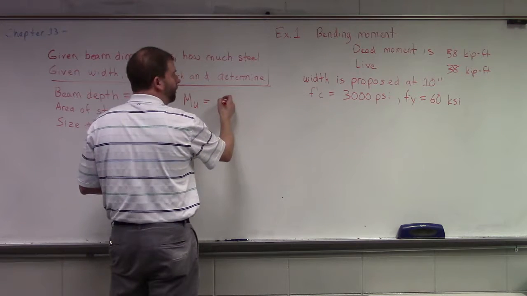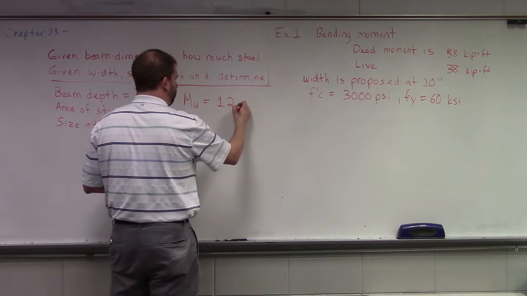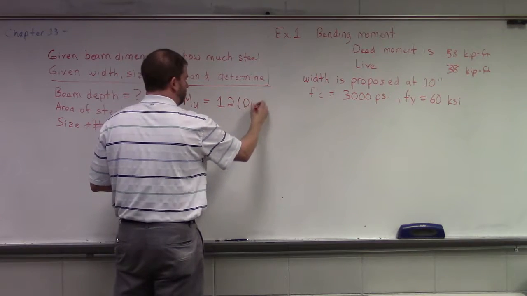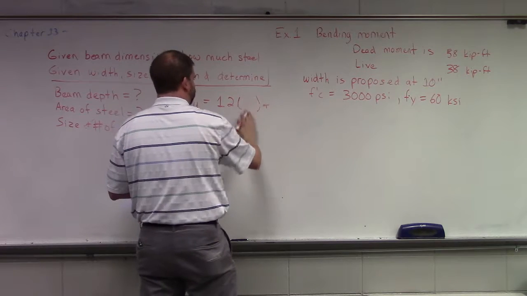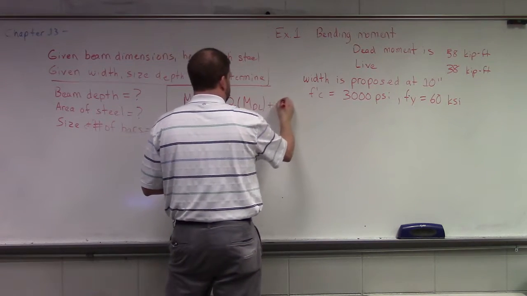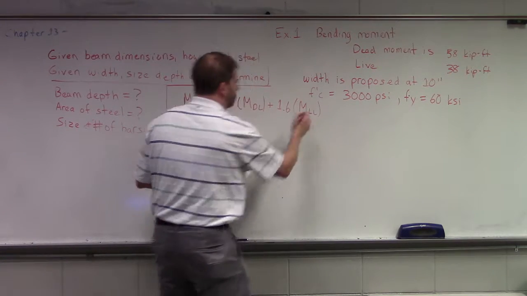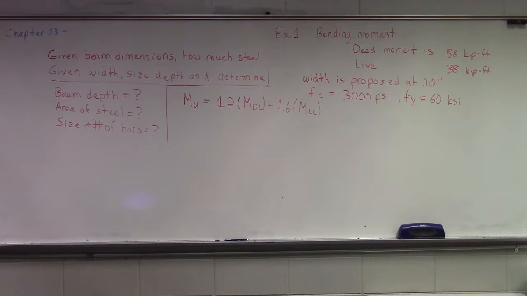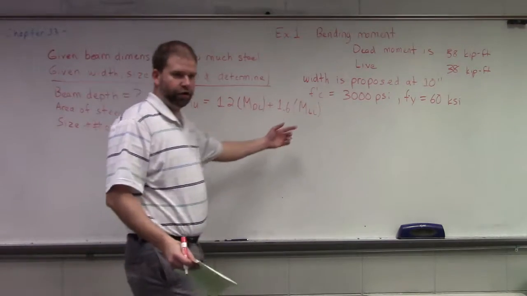And the ultimate moment for these types of conditions is 1.2 times our dead load moment, plus 1.6 times the moment of our live load. Why 1.2 and 1.6? Those are the factors that structural engineers have come up with. So there's actually another term in here.